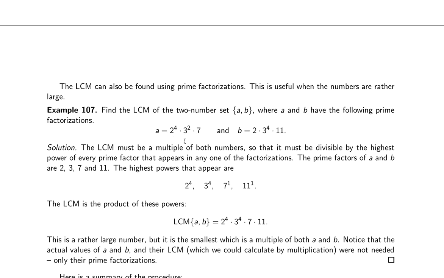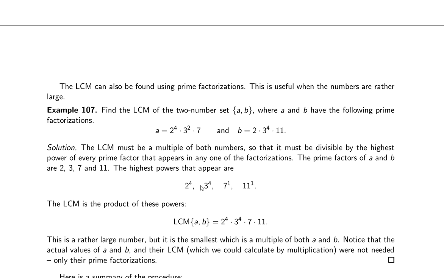So looking at each prime, I'm looking at the twos. There's 1 two here, but there are 4 twos here, so to be a common multiple, we'll need 4 twos, so 2 to the power 4. Here we have 2 threes, 3 times 3. Here we have 3 to the power 4. So again, we'll take the highest power. We need to cover all those threes. We'll need 1 seven, and we'll need 1 eleven.